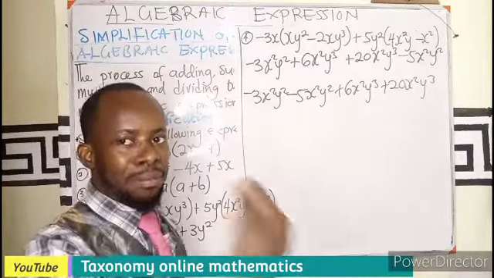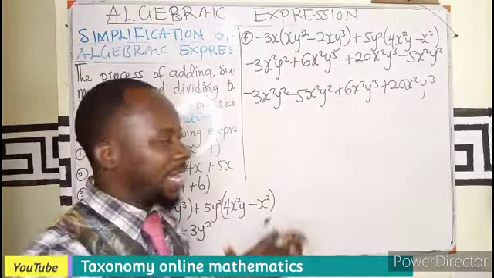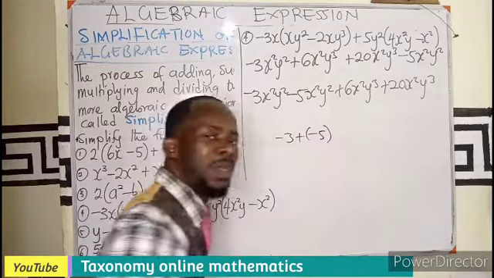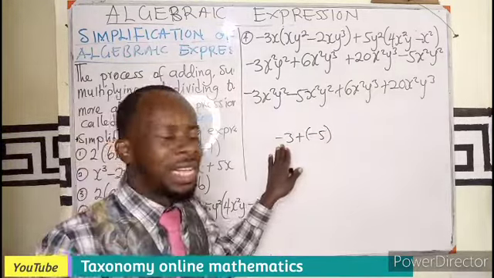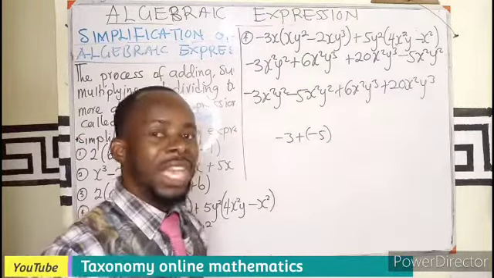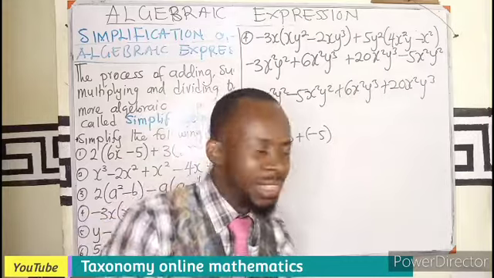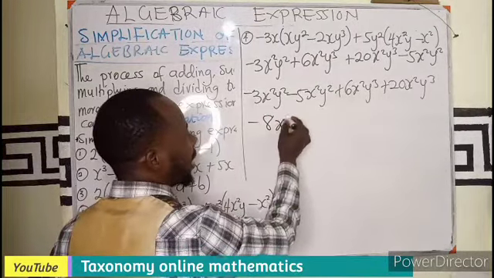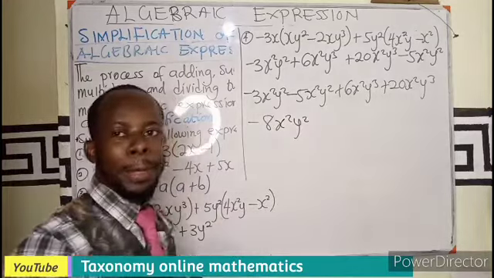Minus 3 minus 5 is just like minus 3 plus minus 5. You have a negative value somewhere, then you are adding another negative 5 to it. Obviously, it will increase in number, but still in negative. So I'll be having negative 8 x squared, y squared.